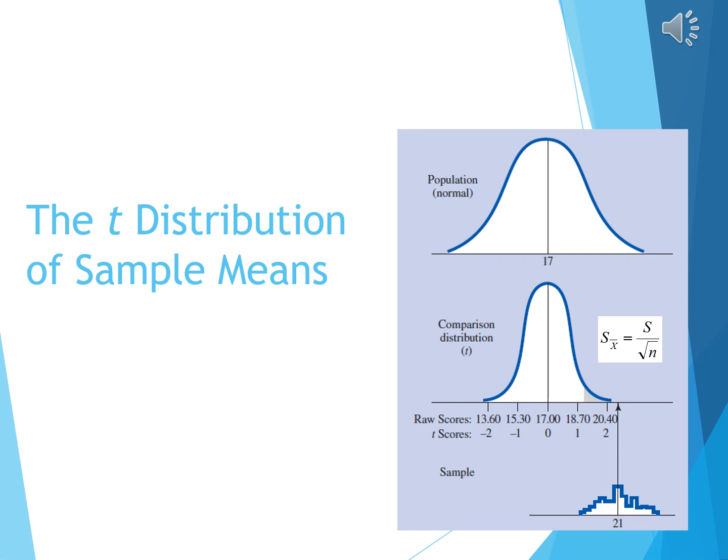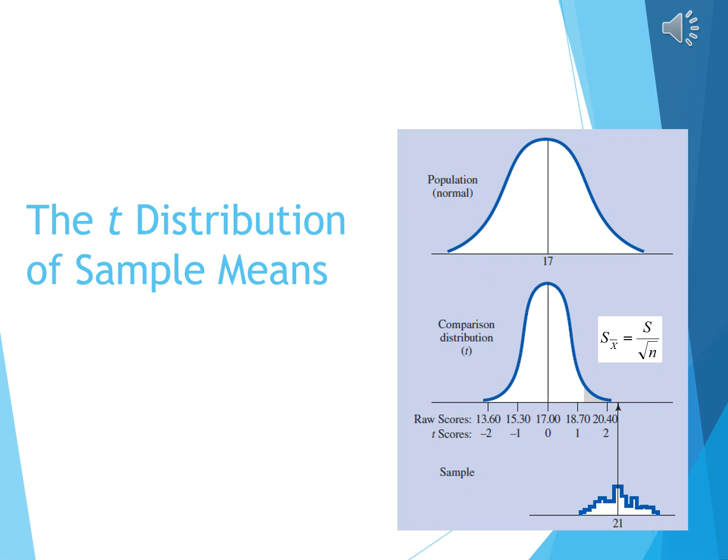So now we have our original population, which is all of the people in your major who study X amount of hours per week, right? The comparison distribution is no longer going to be a sampling distribution of sample means on a normal distribution or a z-distribution. It's actually going to be a t-distribution of sample means.